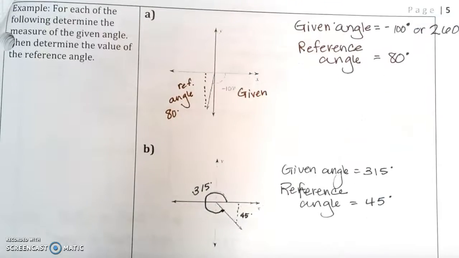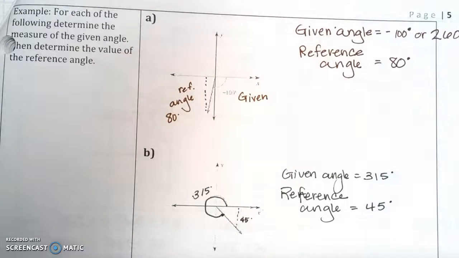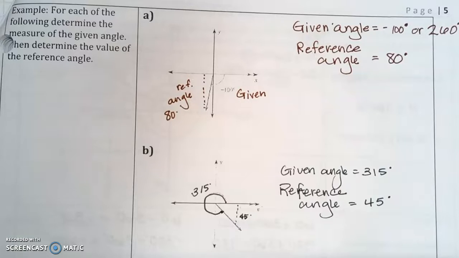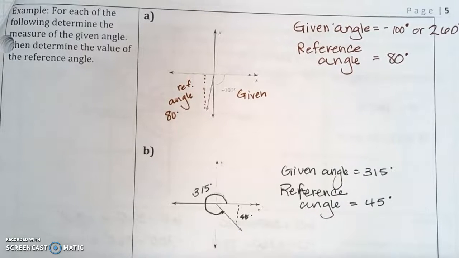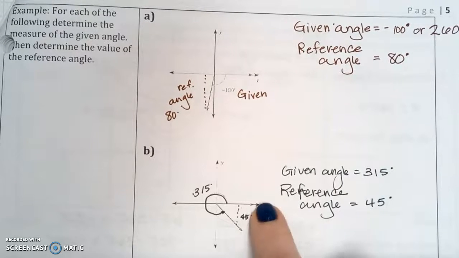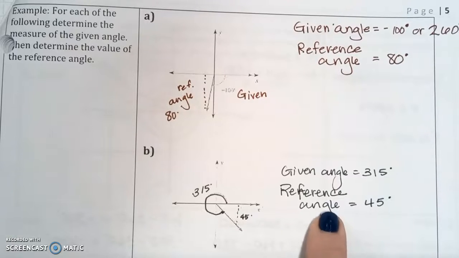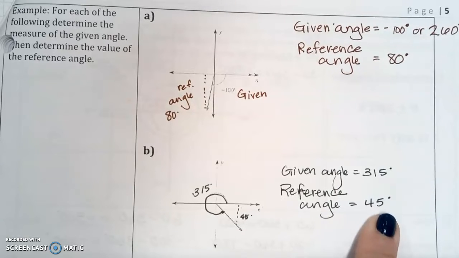All right, let's try another one. B gives us a given angle of 315 degrees, which puts us here in quadrant 4. So to get our reference angle, in this case, we would subtract the 315 from 360, and our reference angle would be 45.